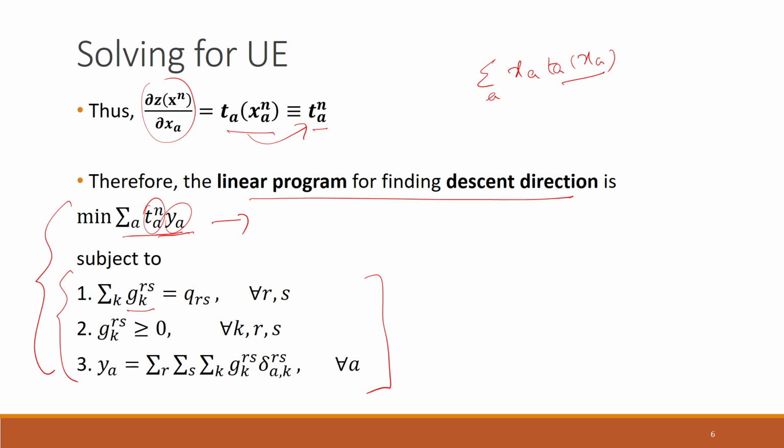If you remember, we had discussed that there are some special cases when the UE solution becomes equal to the SO solution. One of the special cases is when the flow through the network is very small, or when you can assume that the travel time on every link is independent of the flow through that link, that is, it is constant, okay.